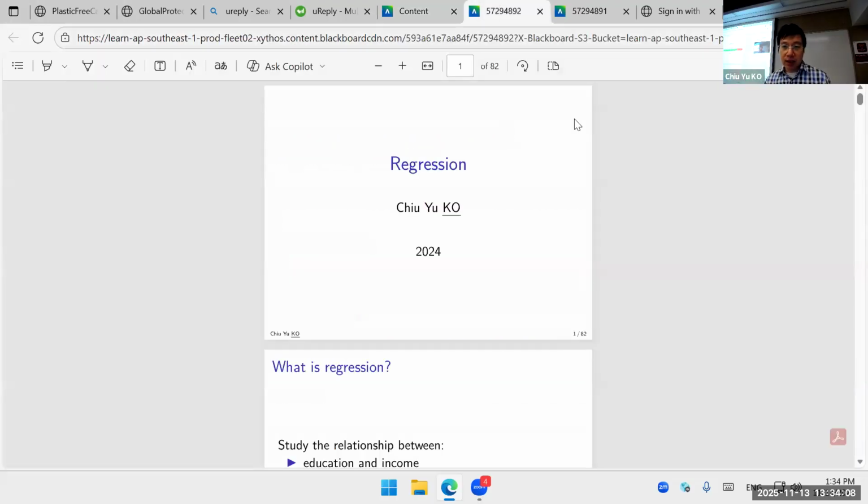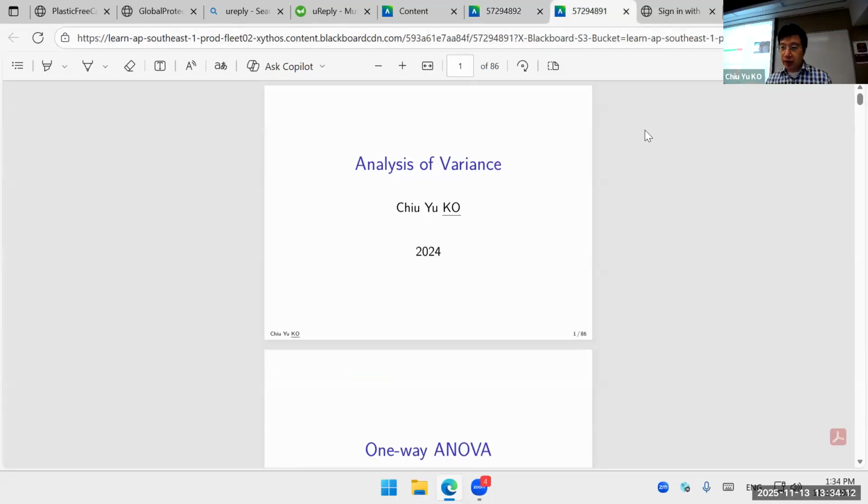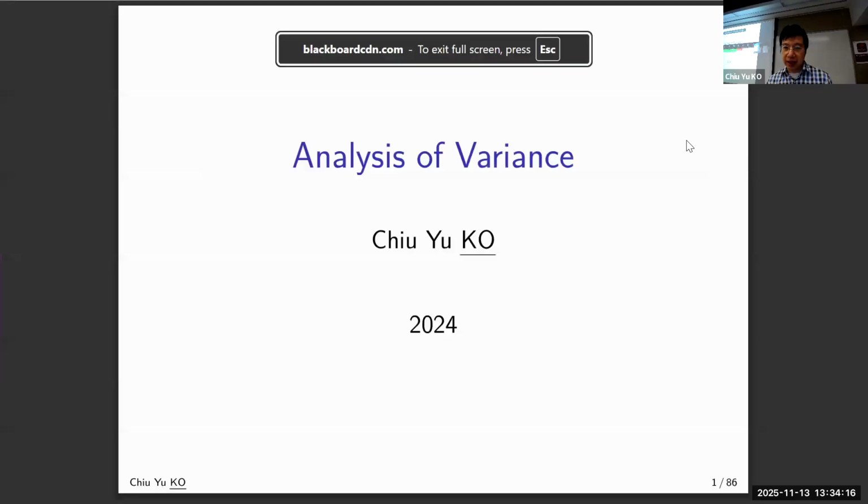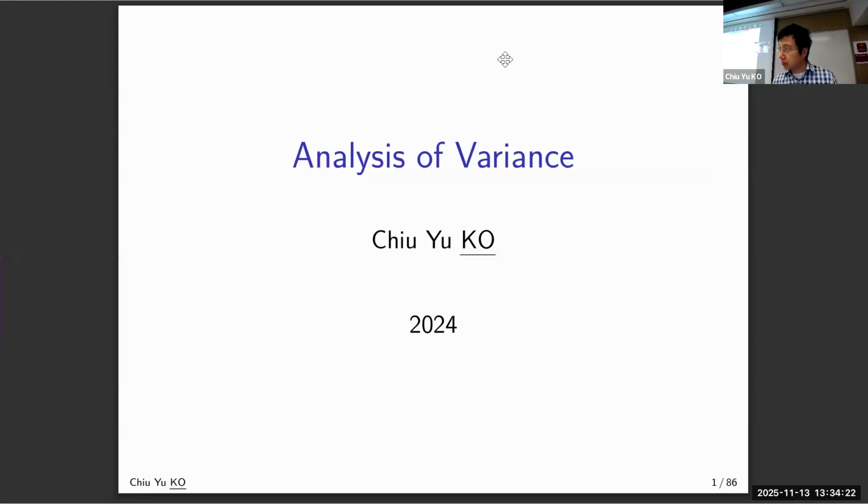So here comes the very last chapter, but before we do, let's very quickly review what we have done in ANOVA, because that will set the stage. ANOVA will be a very special case of regression. What is analysis of variance?